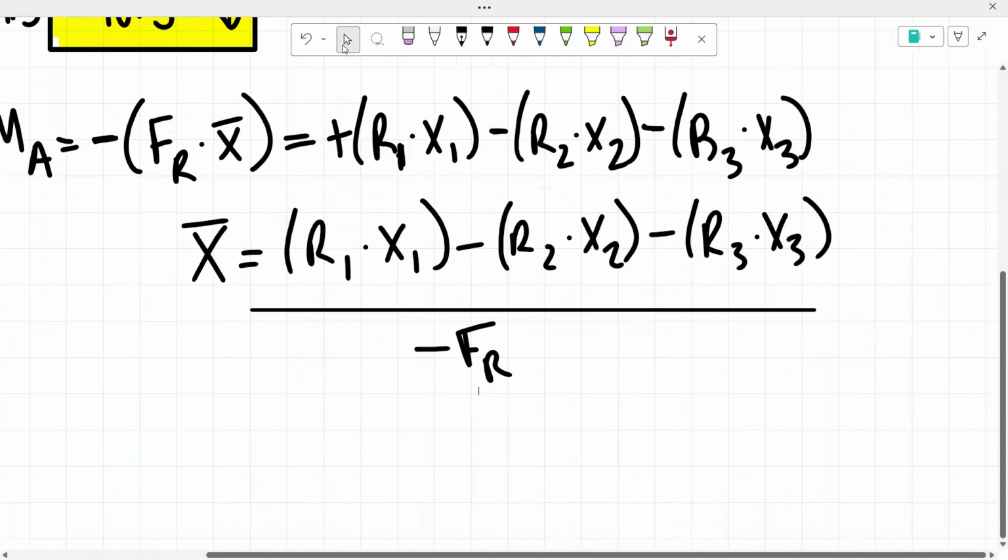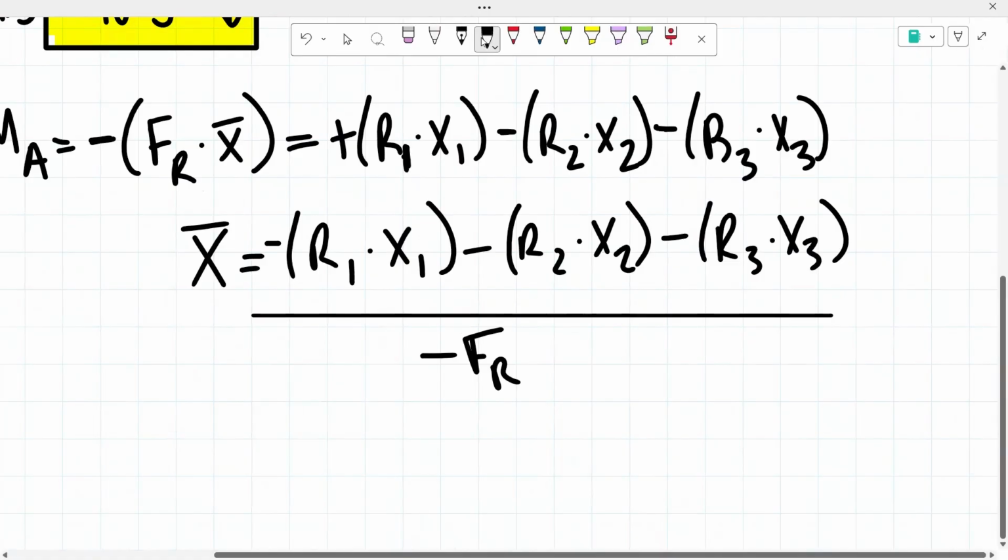I also missed a step, sorry. The signs of each of these are going to be the opposite.